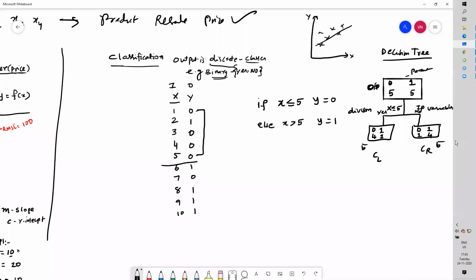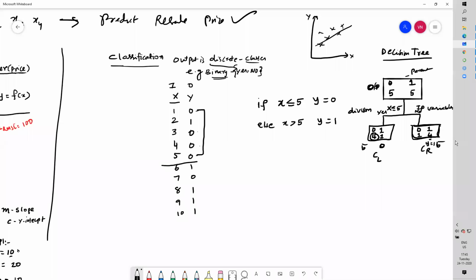Now, with this rule, if you observe, the majority on this left-hand child belongs to the 0 category. So I can say that when this rule is satisfied, Y is equal to 0. On the other hand, where the majority belongs to 1, when this rule is not satisfied, Y would take a value of 1. So this is a simple way of separation.